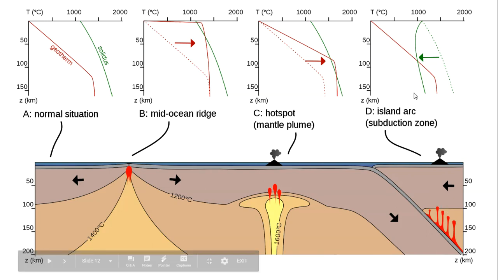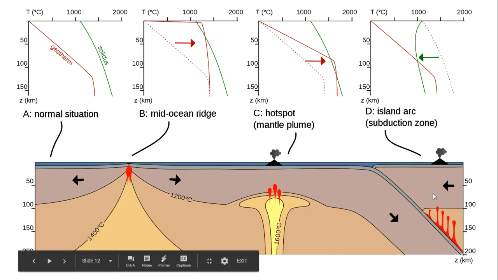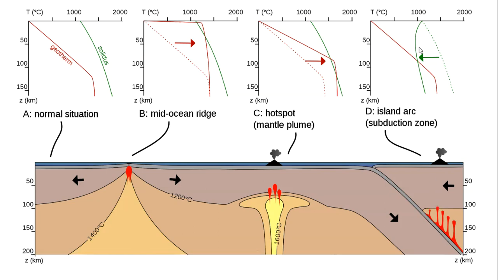Upper mantle is part of the lithosphere. You're hydrating this part of the lithosphere, and that lowers the melting point of the rock, and so the solidus moves. So the geotherm is not really any different than the geotherm in a normal situation, but you've added water, and that does make a difference.